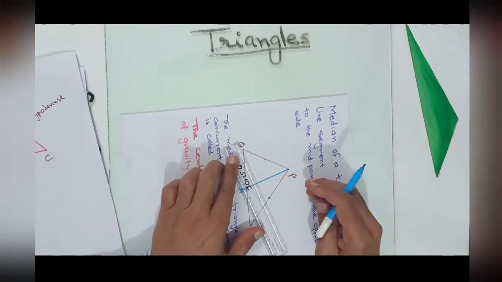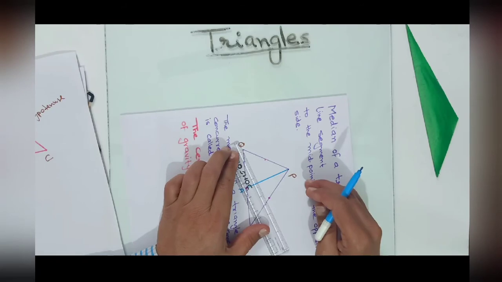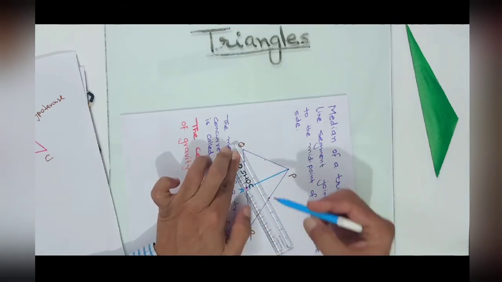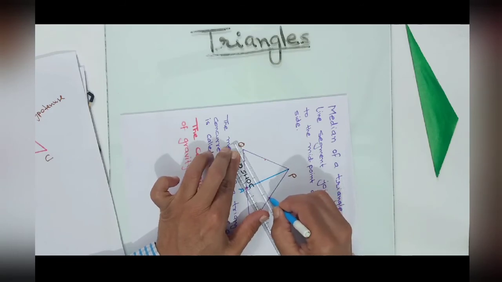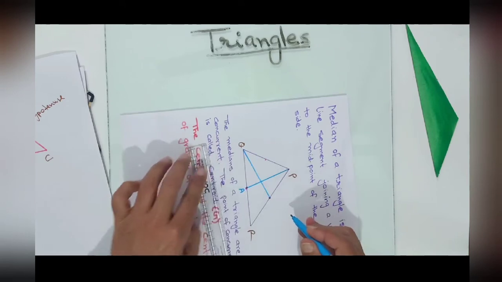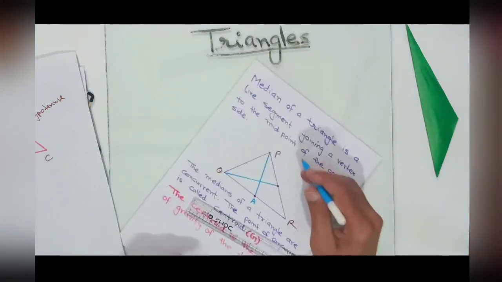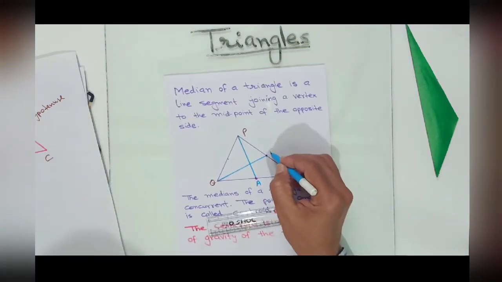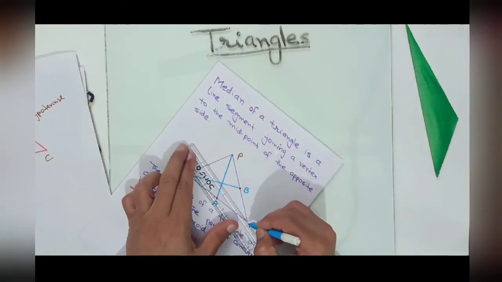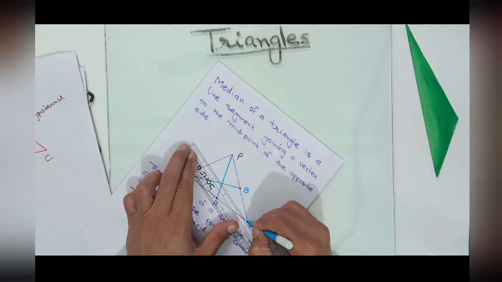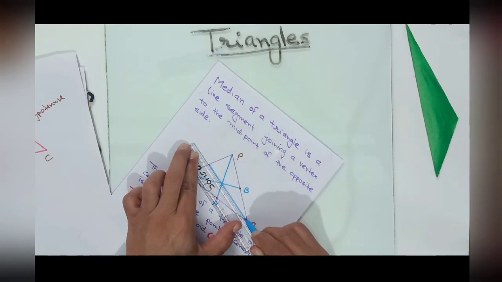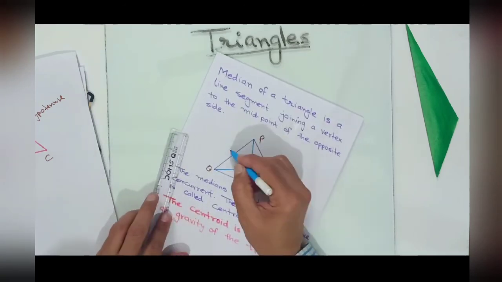Again, if I draw a median through Q, the opposite side is PR, and if I join the midpoint of PR to Q, I obtain the second median, say QB, and the third median, from R to the midpoint of the opposite side, gives C.